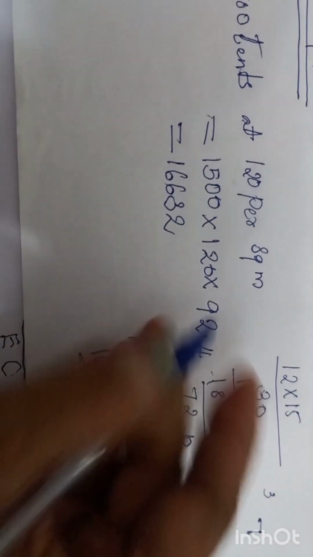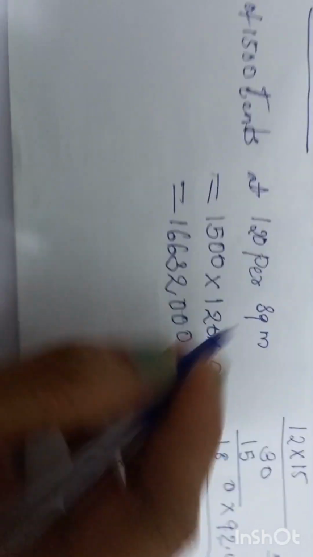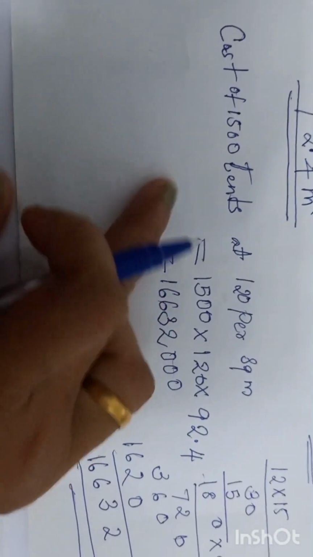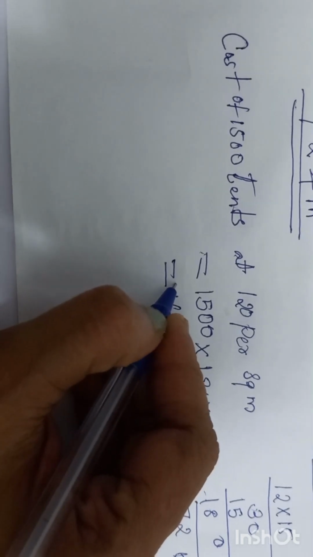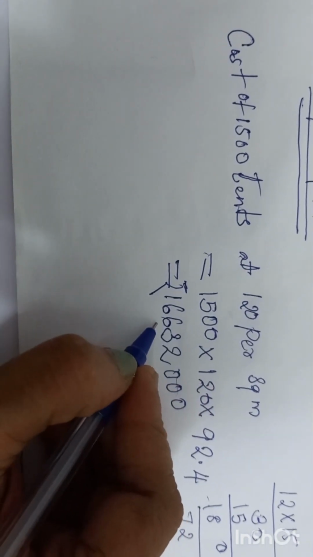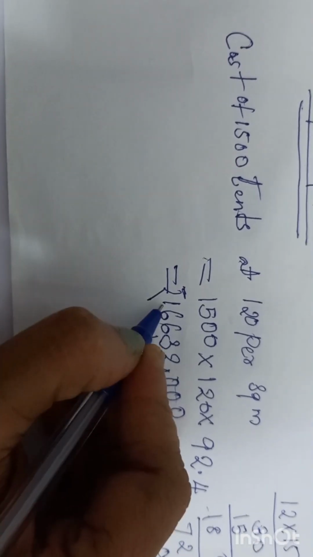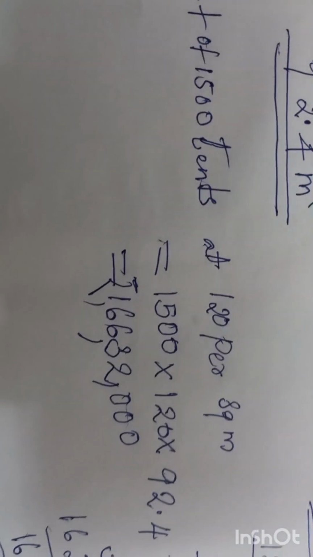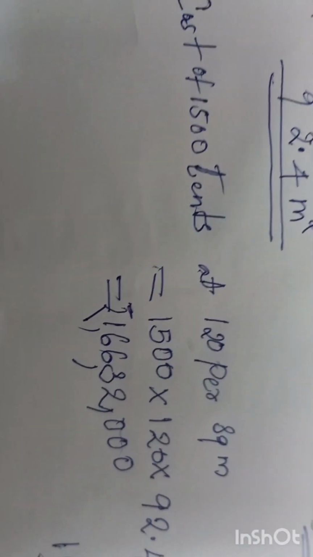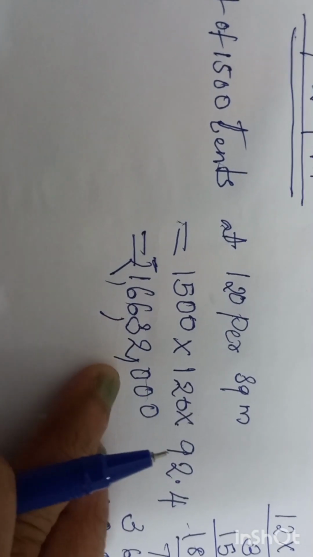How many zeros? 3 more zeros we have to put. So cost of 1 is equal to rupees 1 crore 66 lakhs 32,000.